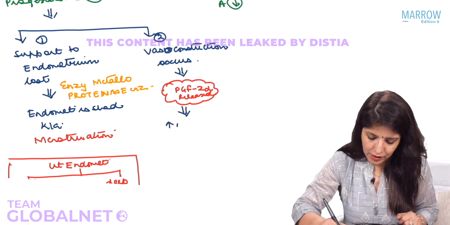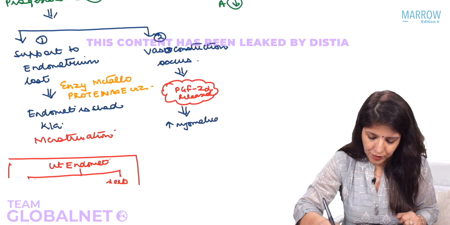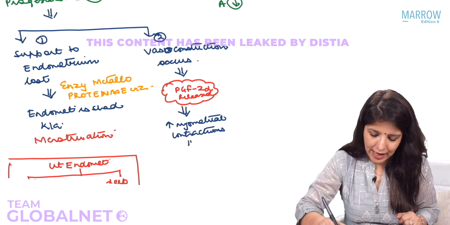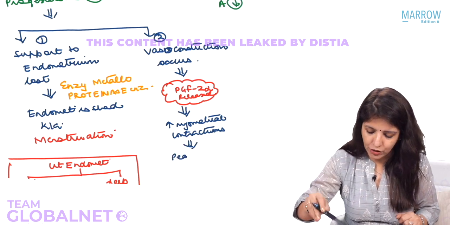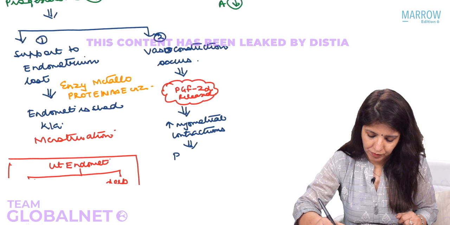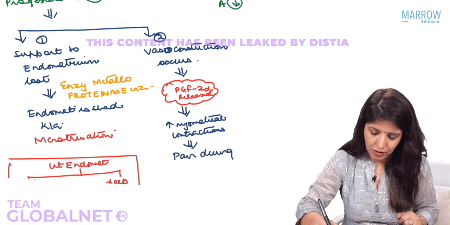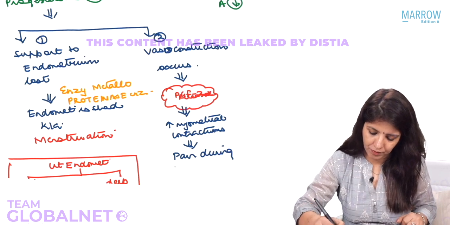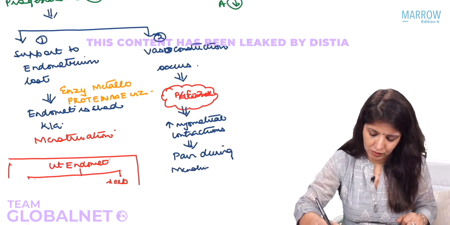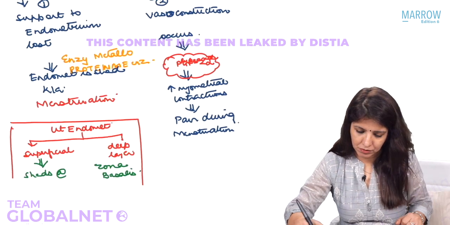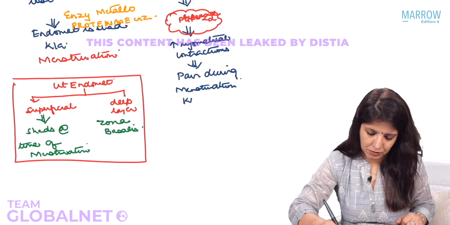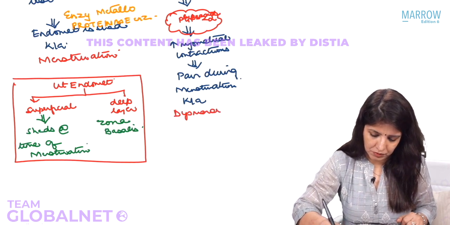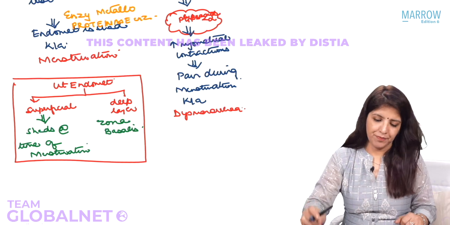So, it increases the myometrial contractions or spasms, and that leads to pain during menstruation, which is called dysmenorrhea.